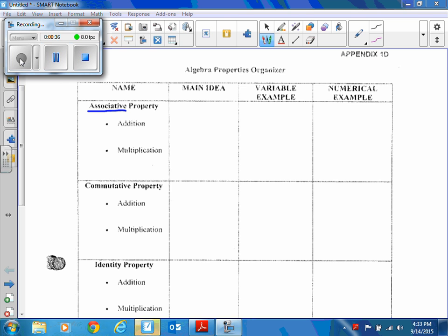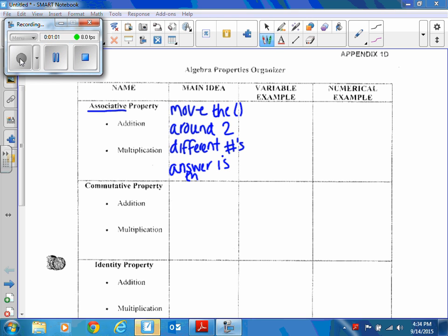So the main idea is you're going to move the parentheses around two different numbers, but the answer is the same. Okay, so you're going to move the parentheses.